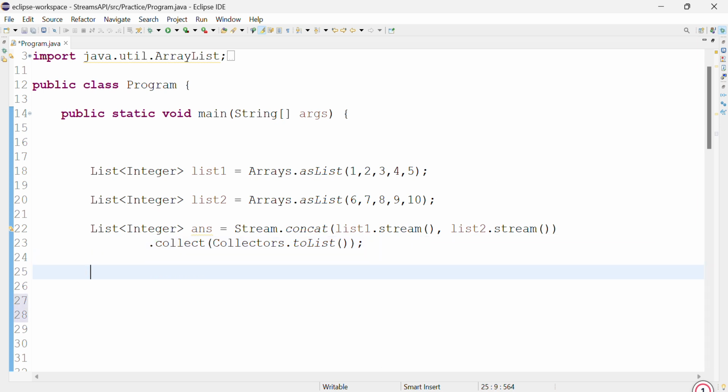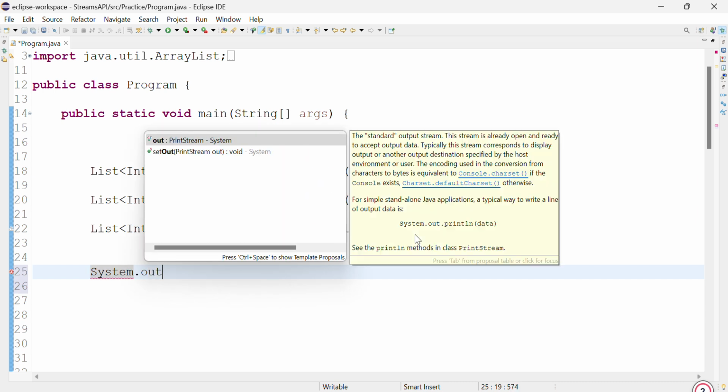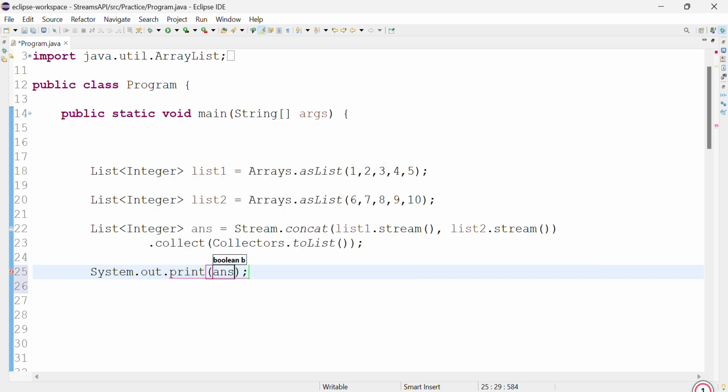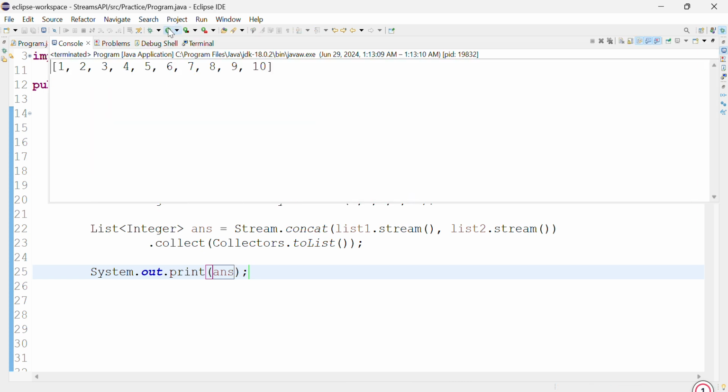Yes, that's kind of all that we need to do. And there we get our answer.